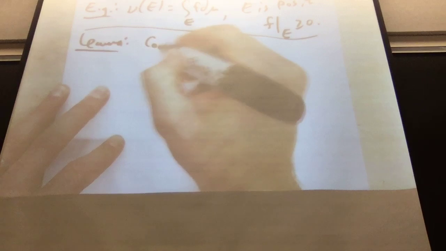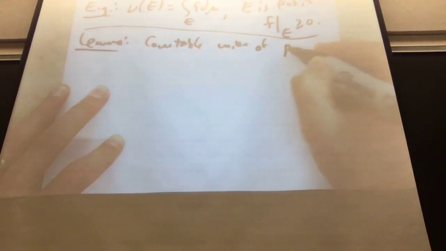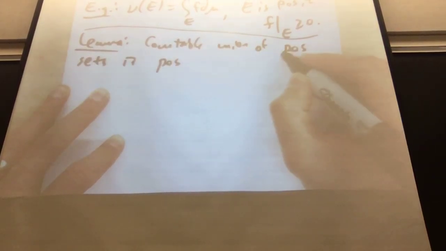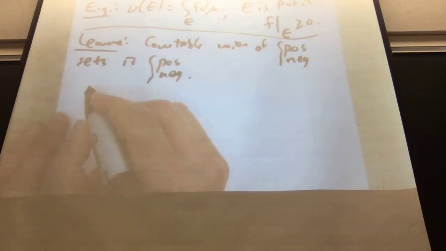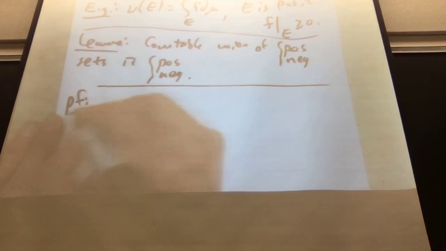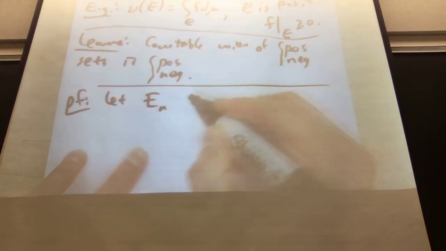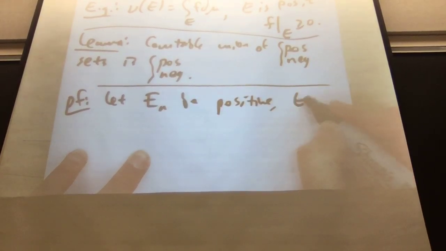So lemma, a countable union of positive and also negative sets is positive. So this is a very easy proof. So let En be positive and E be the union of the En's.